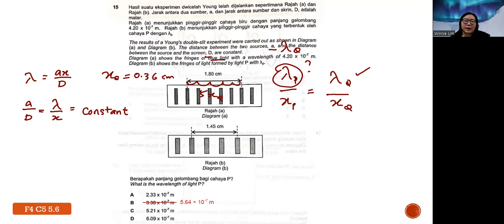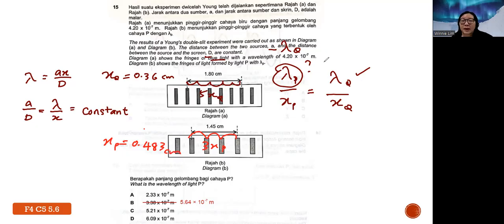Then we also find this one, 1, 2, 3. So this is 3 xp. So what is xp? Divide by 3, 1.45. So you get 0.483 cm also.